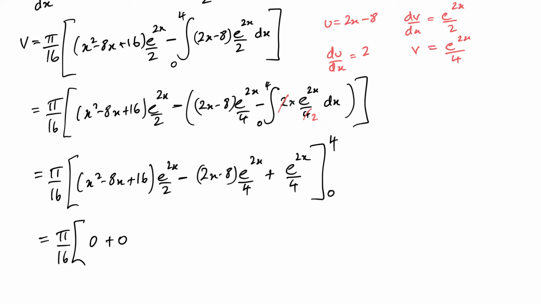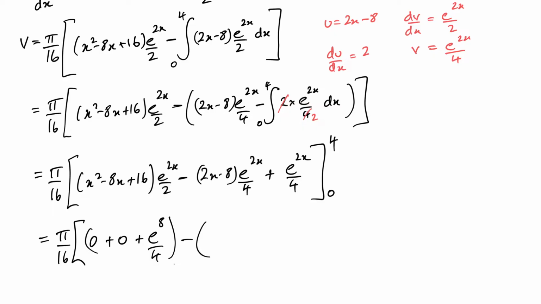And then substituting 4 into the end, we get e to the 8 over 4. And of course we are subtracting, so I can keep it like this separate, or what we could do is just pop it all together in this case. So that is when I substitute in the 4.